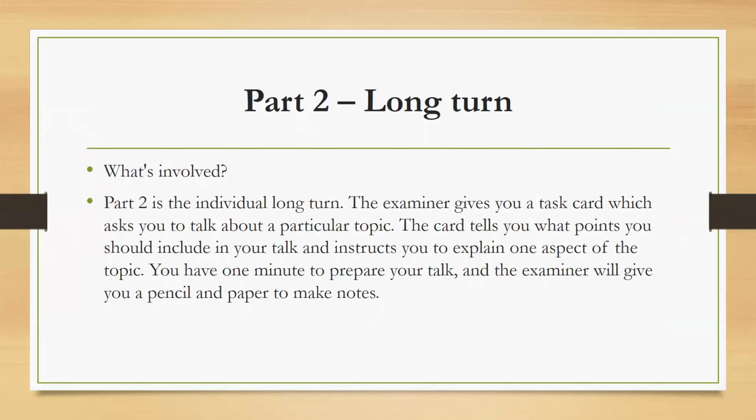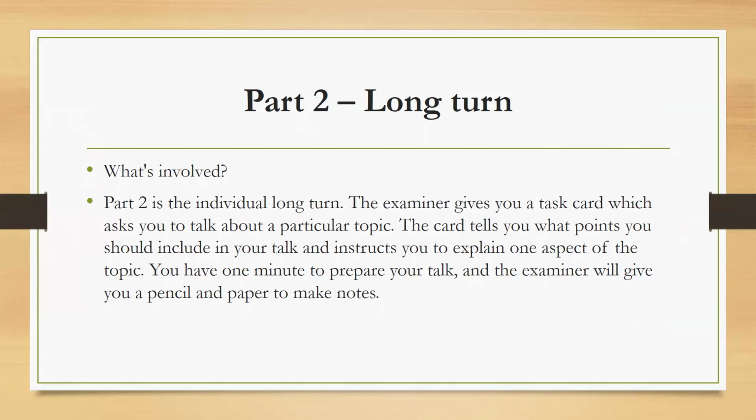The examiner gives you a task card which asks you to talk about a particular topic. The card tells you what points you should include in your talk and instructs you to explain one aspect of the topic.